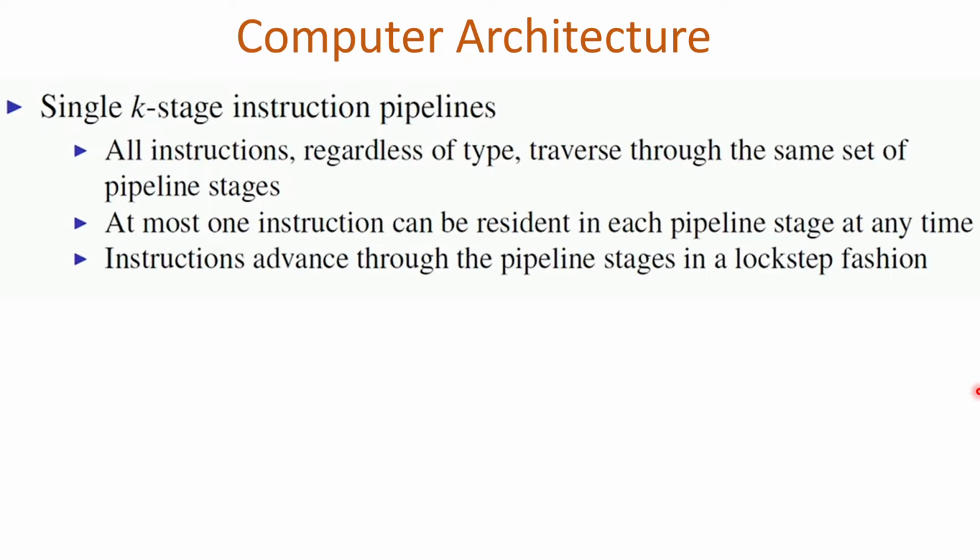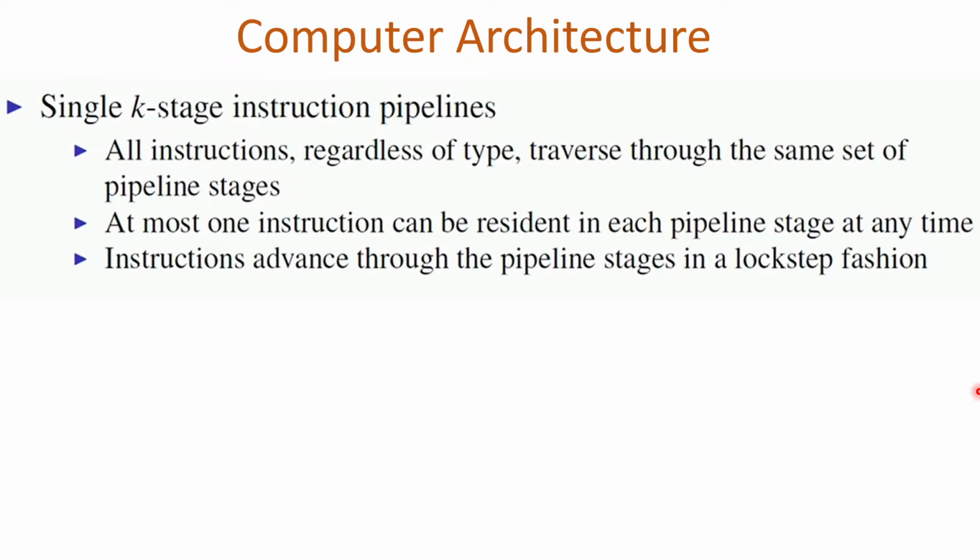Sometimes we express this by a specific unit, CPI, that is cycles per instruction. So at most one cycle is used to execute one instruction in an ideal scenario.